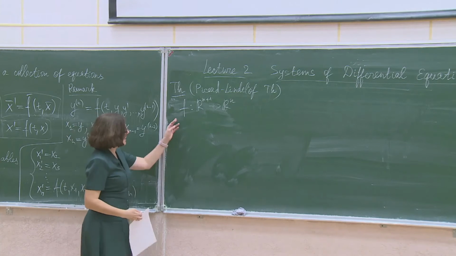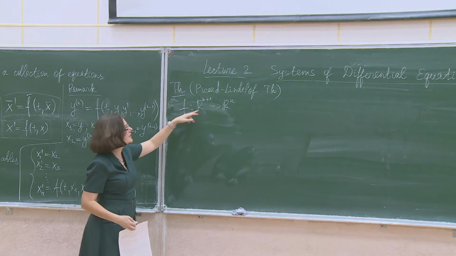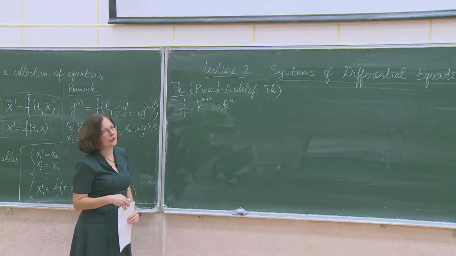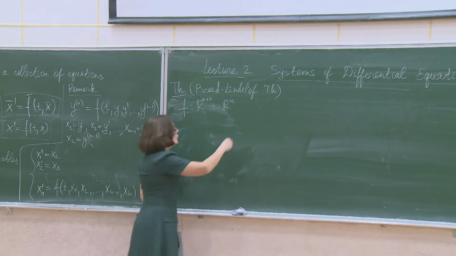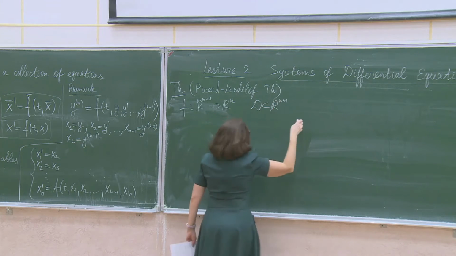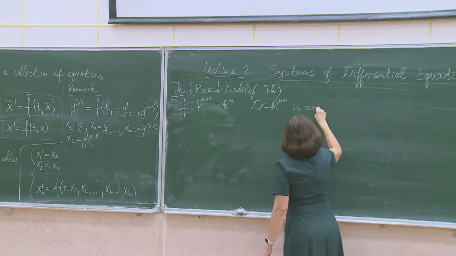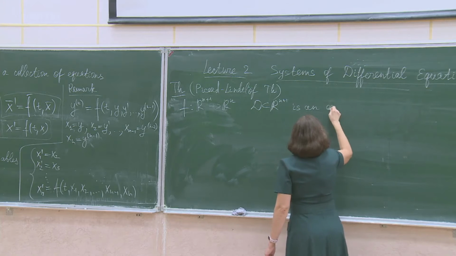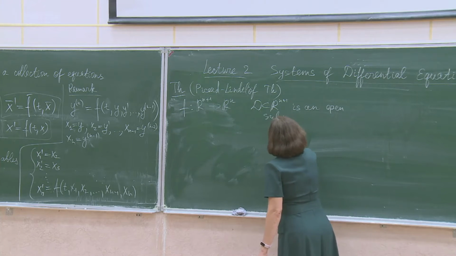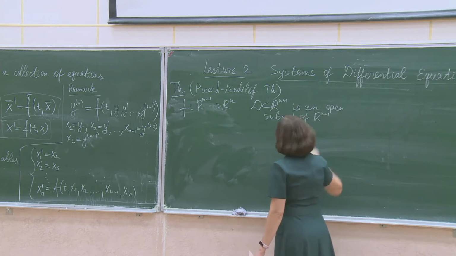But sometimes f is defined not in the entire R^(n+1), but in some open subset of R^(n+1). So we will consider D to be an open subset of R^(n+1).